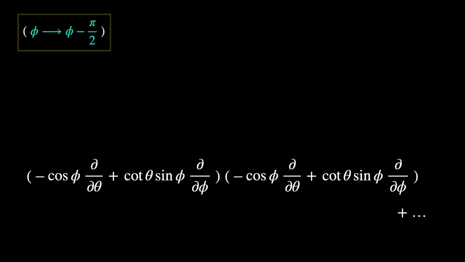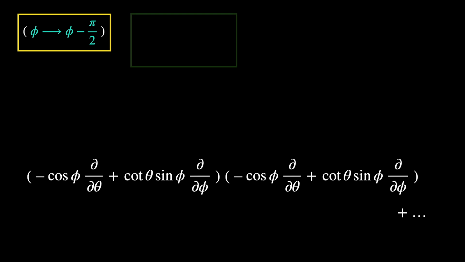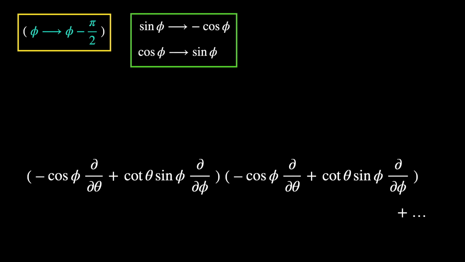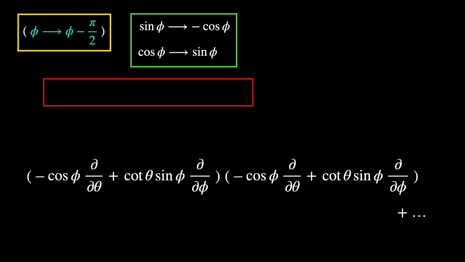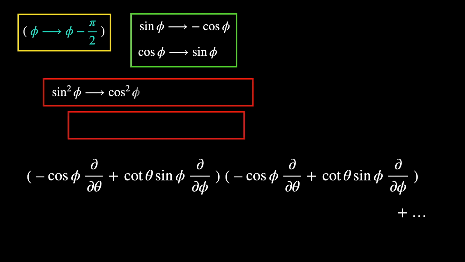This transformation has the following consequences on trigonometric functions, which we have used previously. To make it easier to apply these relations to the expression below, which consists of products of trigonometric functions, we derive some useful combinations of the transformations in the green box in the two red boxes.